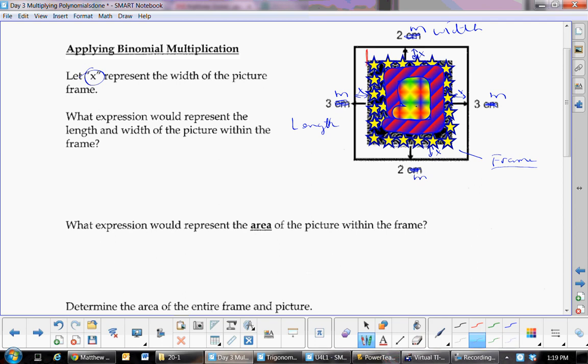If this is x and this is x, then this part here must be 3 minus x minus x, right? Which is 3 minus 2x. That's the length.